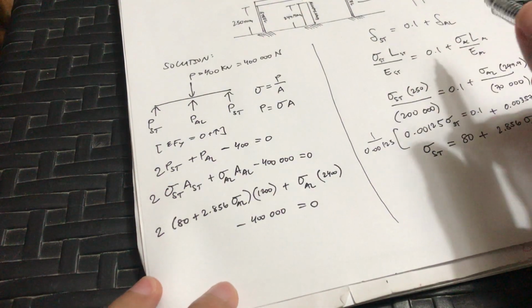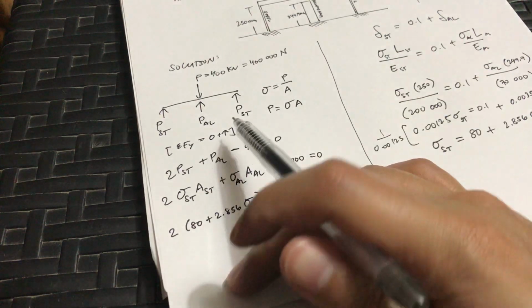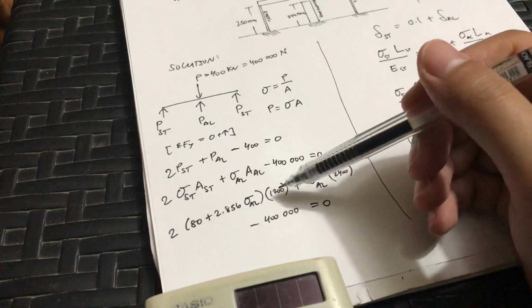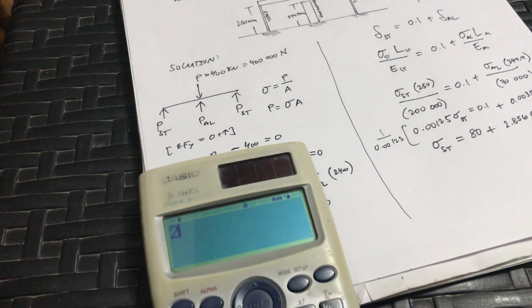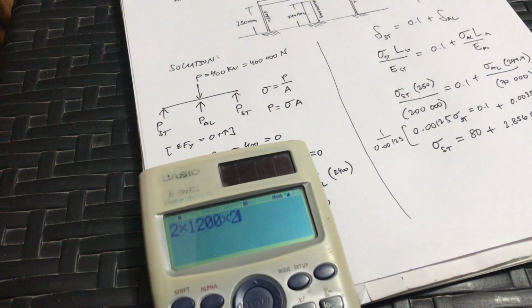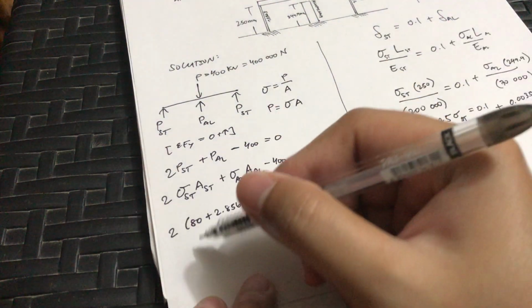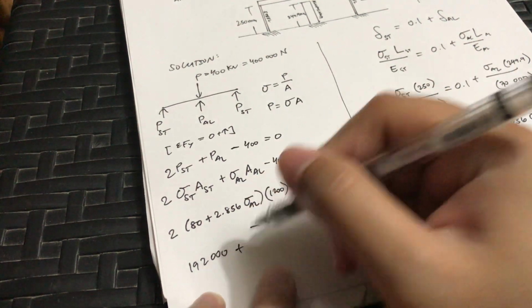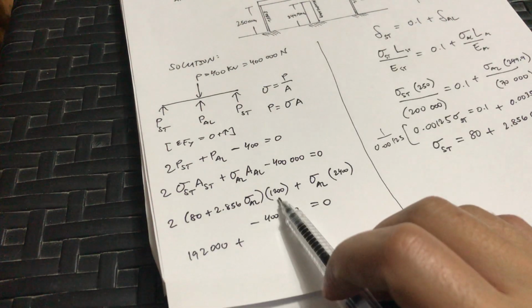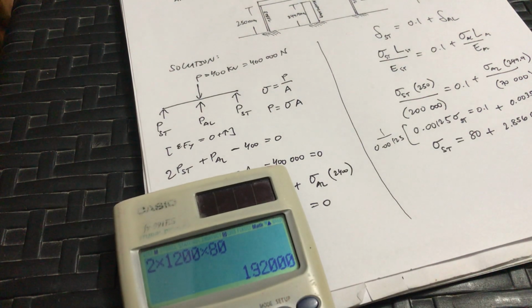We simplify, we distribute: 2 times 80 times 1,200 gives 192,000, plus 2 times 2.856 times 1,200.